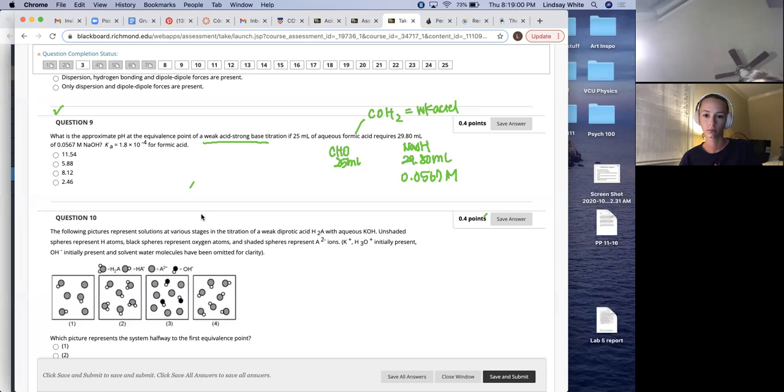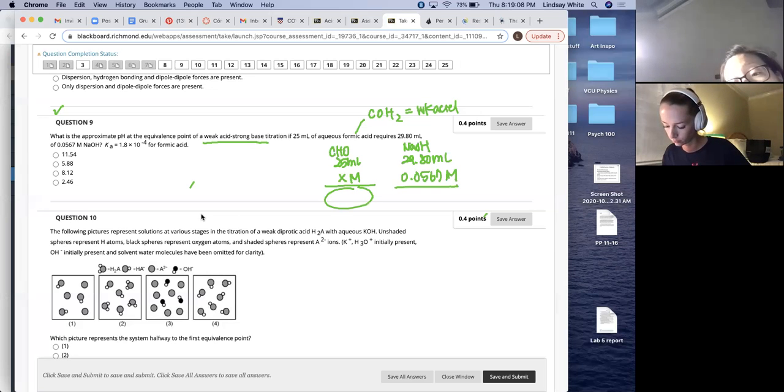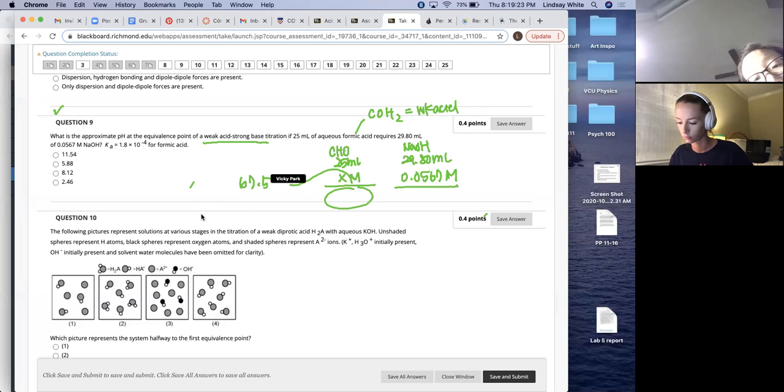At equivalence, we need the molarity of this. And 67.58 molarity. That's what I got.